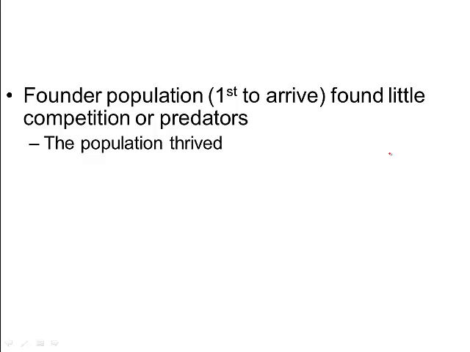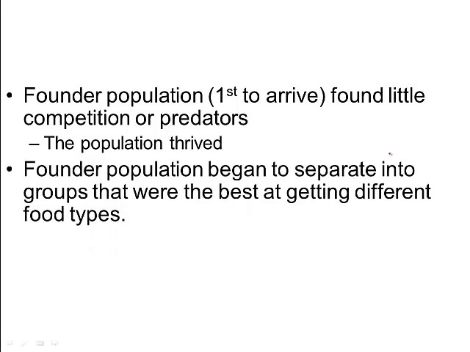So the population thrived, and it got really big. The problem is when a population gets really big, you start to get a struggle for existence. The birds started to compete with each other for food. So the founder population had to begin to separate into different groups that were better at getting different types of food.